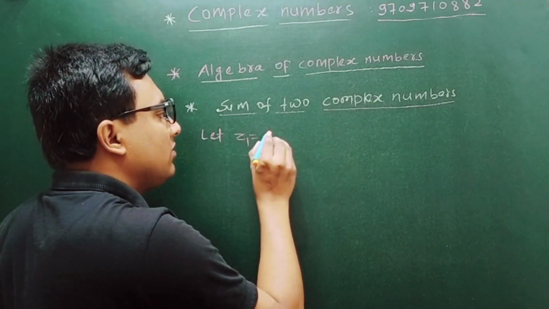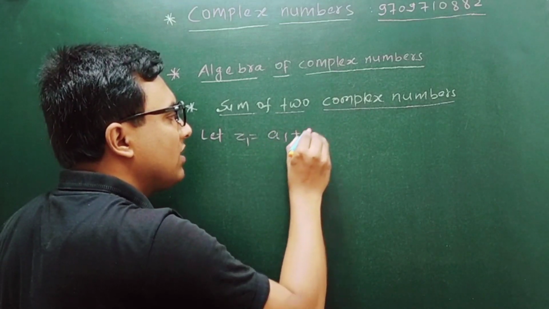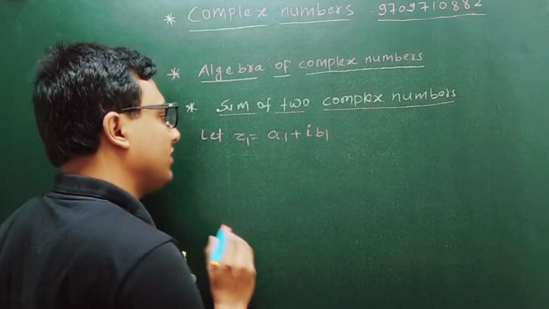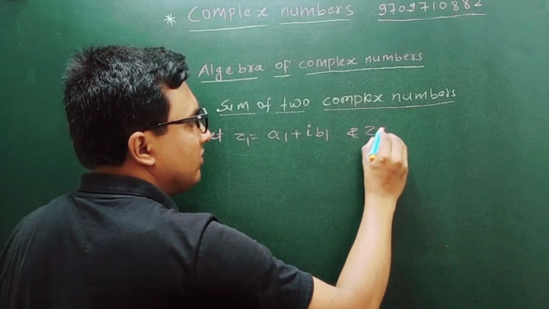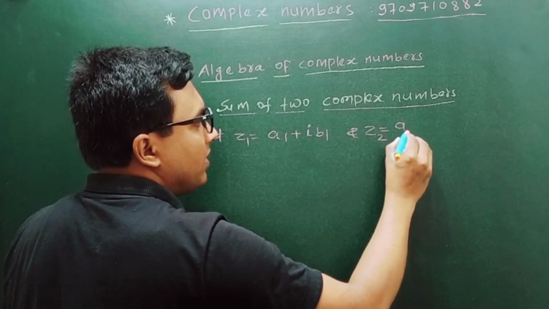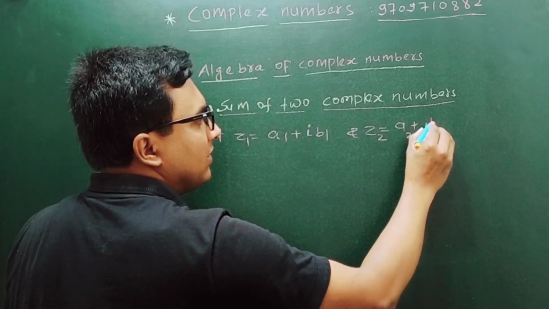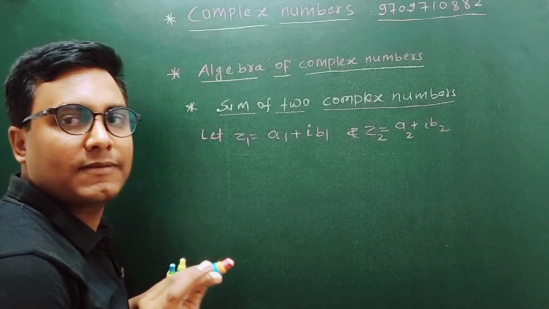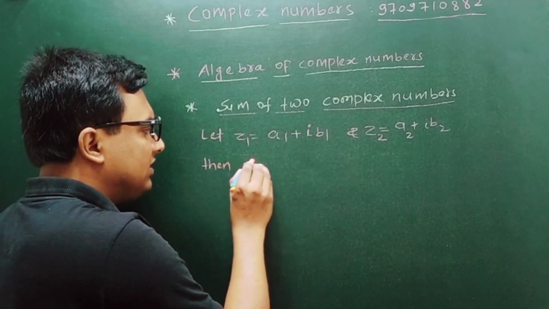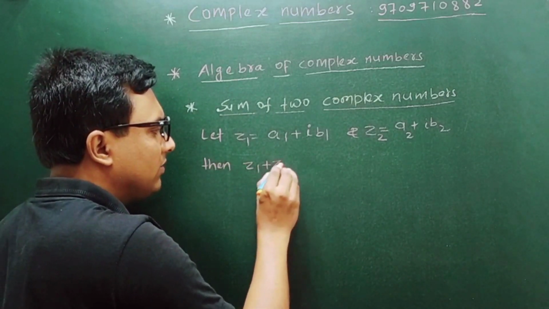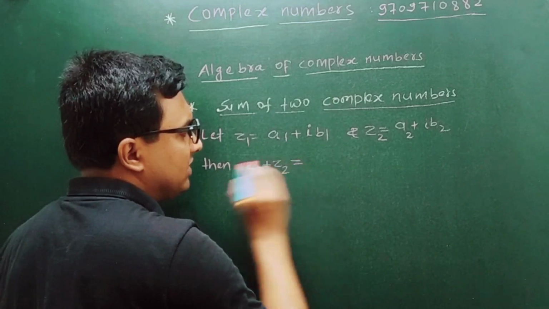z1 is equal to a1 plus iota b1 and z2 is equal to a2 plus iota b2, right? Then z1 plus z2 is equal to what?